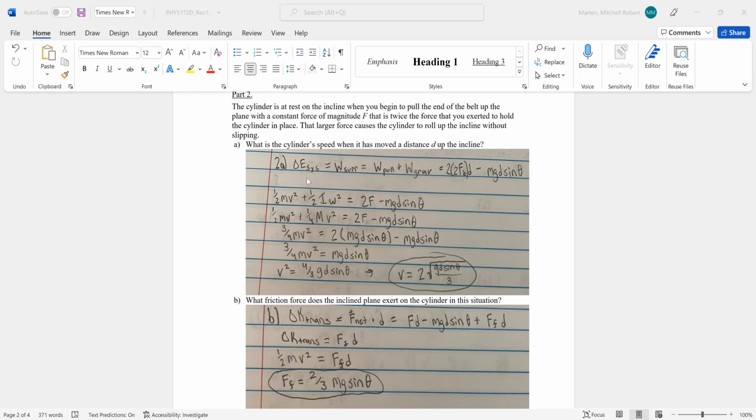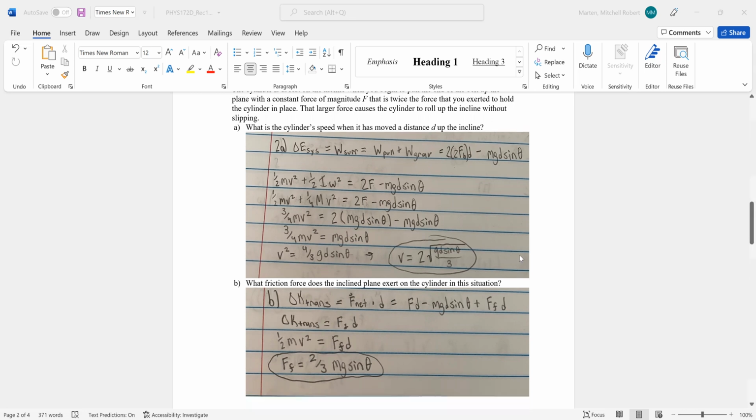And so just going down the line, you guys can kind of see my reasoning. So in this step, I just converted omega into v, and then it changes the fraction. And then it's pretty much algebra from here. But when you get to the end, take the square root of this, and you see that the velocity after it's moved a distance d up the incline is equal to 2 root g d sine theta over 3. Is that what you guys got? Yep. Yep.